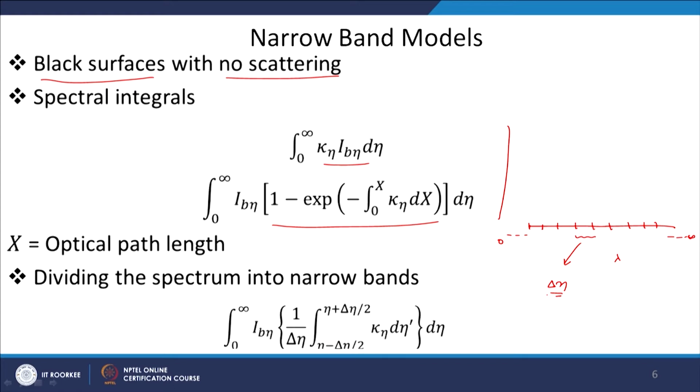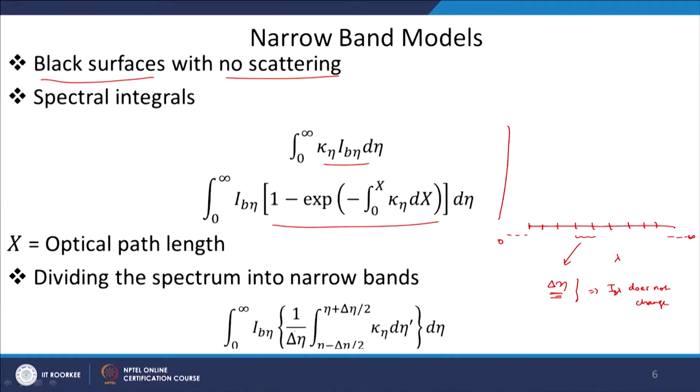We want to integrate our result over this small band, and over this small band we assume that I_b lambda, the black body function, does not change, because delta eta is very small and only a few wave numbers are present. So, we can take it out of the integral. Let us divide the spectrum into narrow bands and take an average.